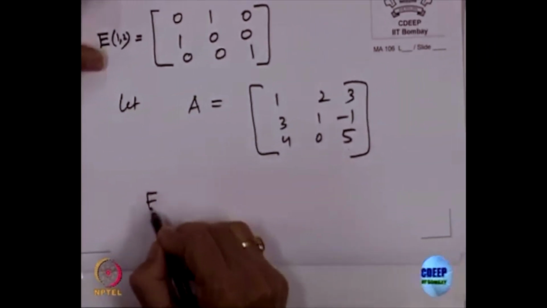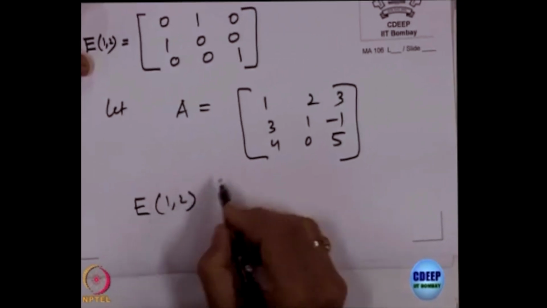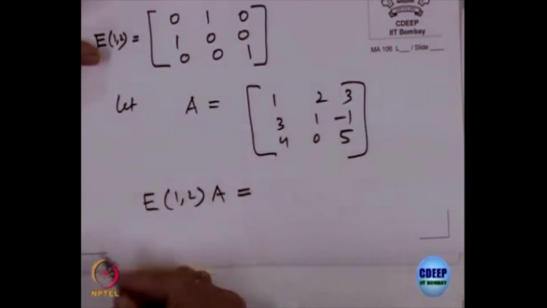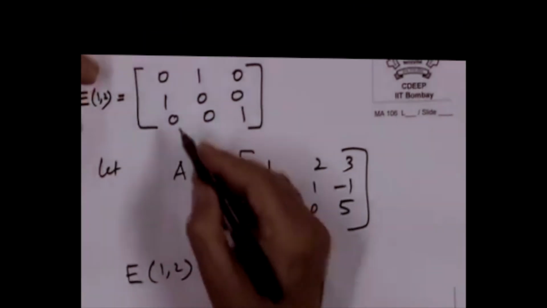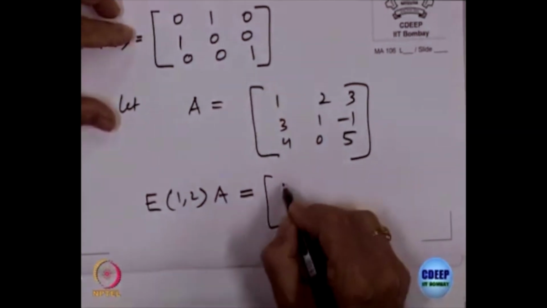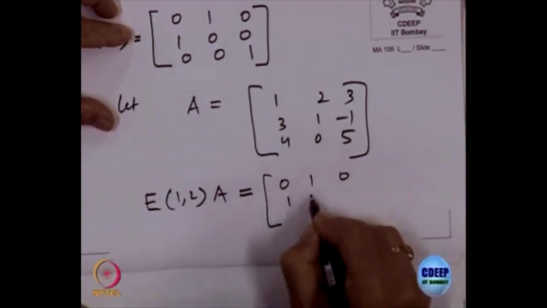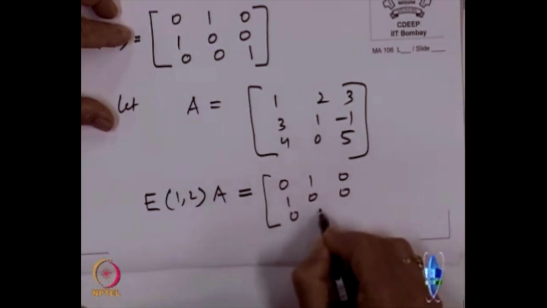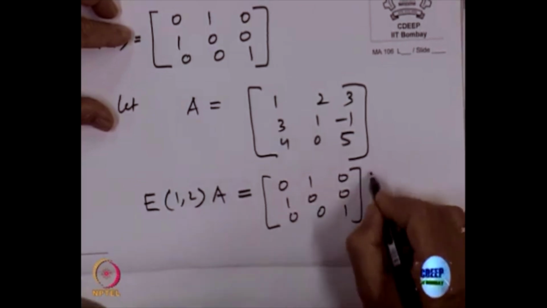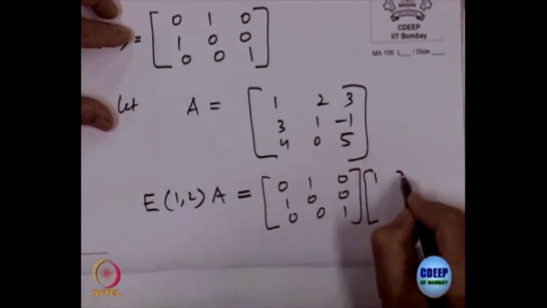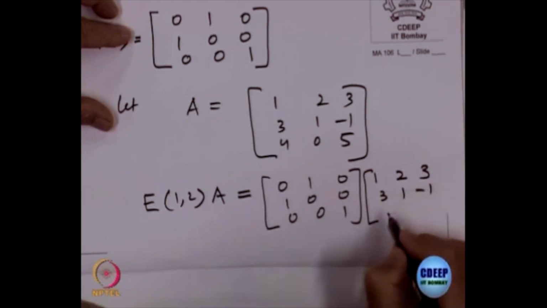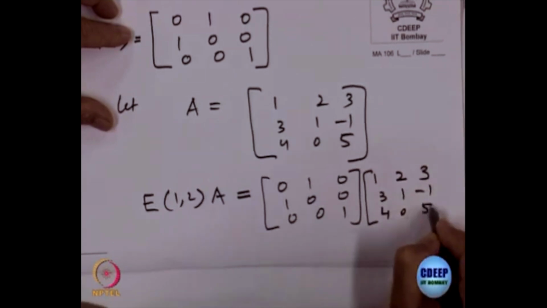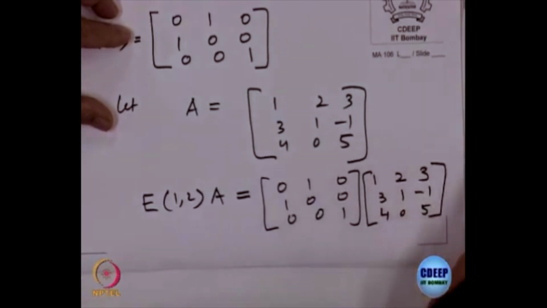I want to compute E12 multiplied with A. So, let us write 0 1 0, 1 0 0, 0 0 1 times 1 2 3, 3 1 minus 1, 4 0 5. Let us multiply them.